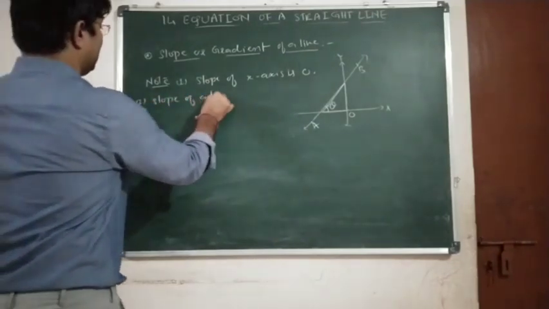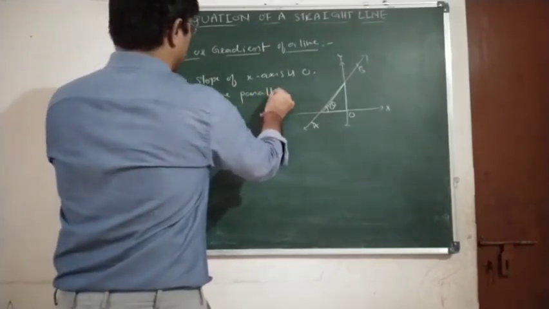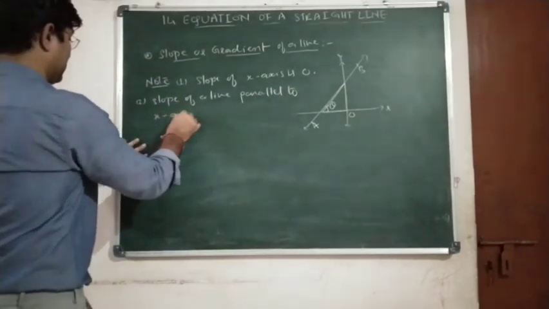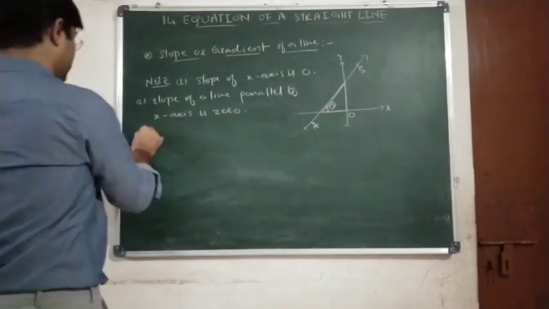Number 2, slope of a line which is parallel to x-axis is again 0.